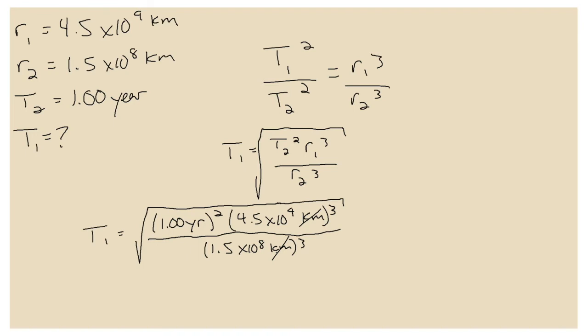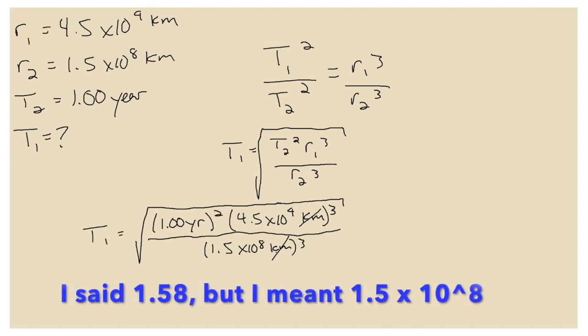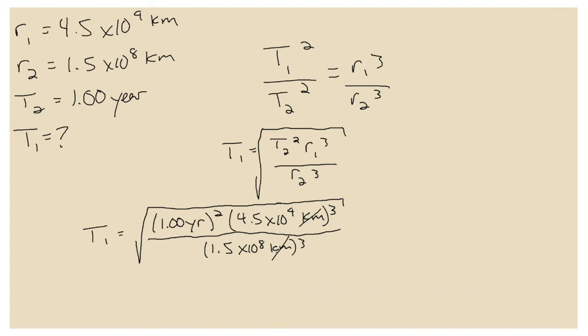And so all I have left over under the radical is year squared. And when I take the square root of that, it's just going to give me years. And when you do that math, 4.5 times 10 to the 9 cubed divided by 1.5 times 10 to the 8 cubed, you get 27,000. You multiply that by 1 squared, and of course that's still 27,000. And then you take the square root, and you get 164.3 years, or to 2 sig figs, 160 years.